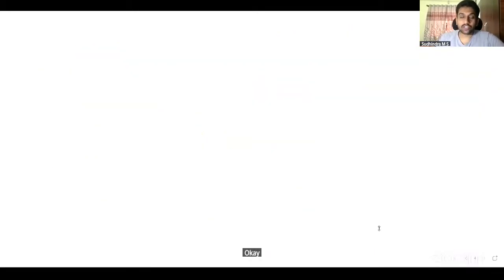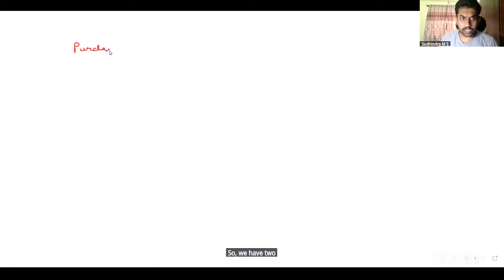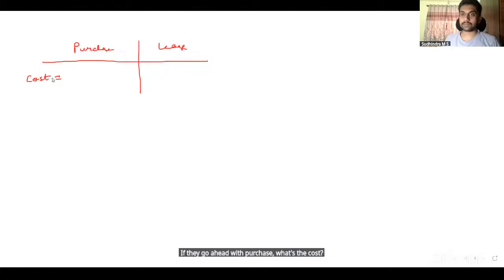Okay, fine. So they are specifically given a company is considering a proposal of purchasing a machine. So we have two scenarios now. One is purchase, one is lease. If they go ahead with purchase, what's the cost? 4,000 rupees. If they are leasing it, what is the lease rental? 1,250.